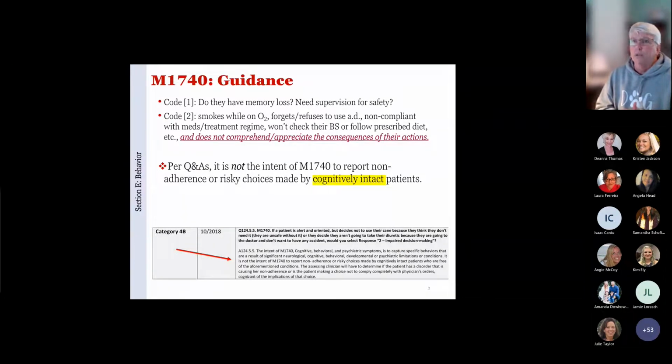I need everyone on mute, please. For the Q&As, it is not the intent of M1740. Cannot hear you if you can hear me. I think you're on mute, Arlen. All right.